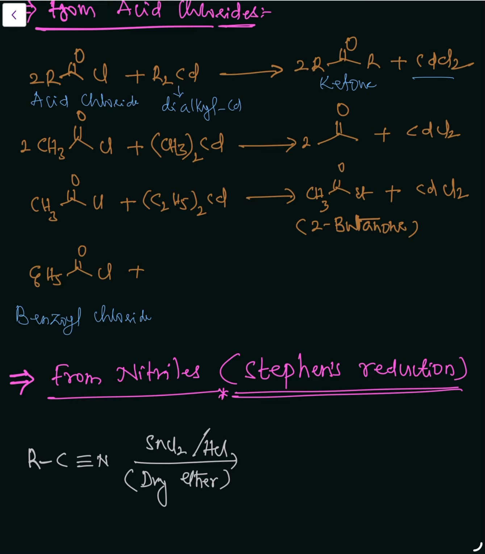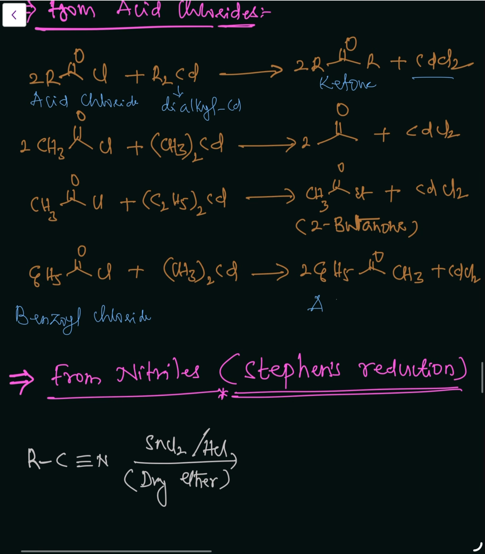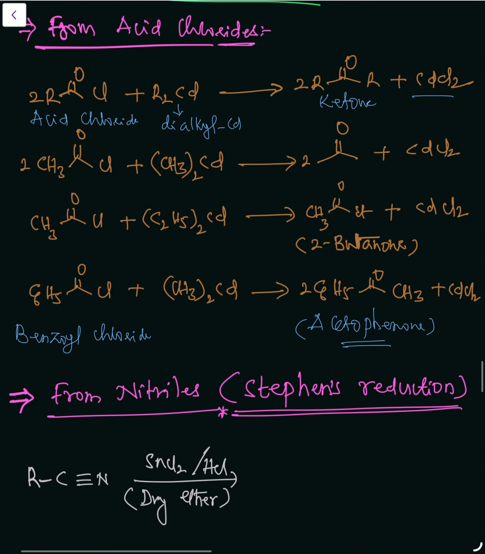This benzoyl chloride reacts with (CH3)2Cd, then C6H5 C double bond O CH3, 2 moles, plus CdCl2. This is acetophenone. Aromatic ketones are formed in this reaction. This is also one of the important reactions.